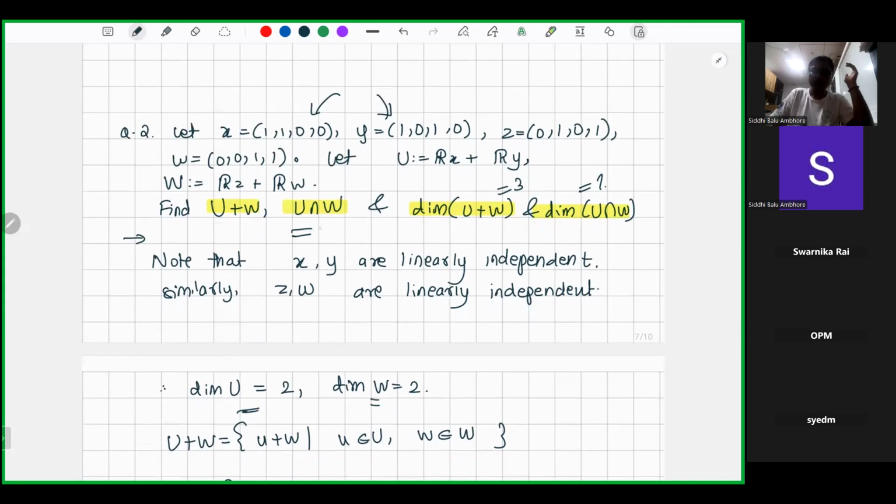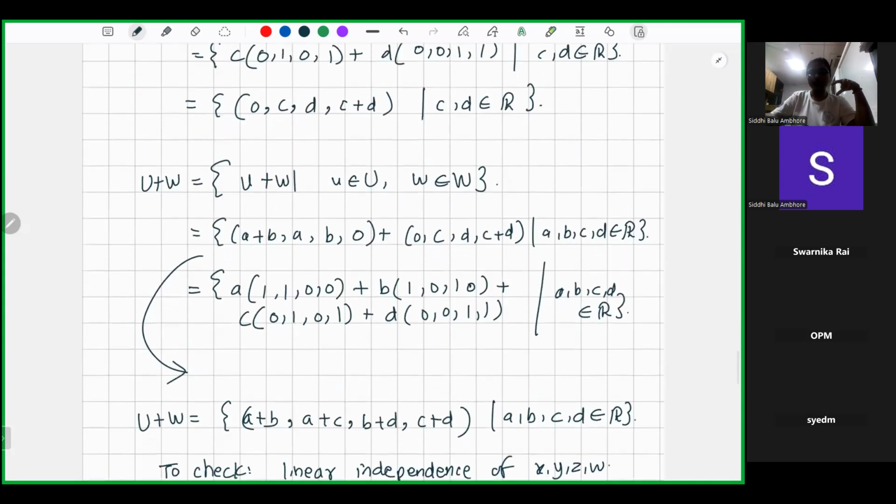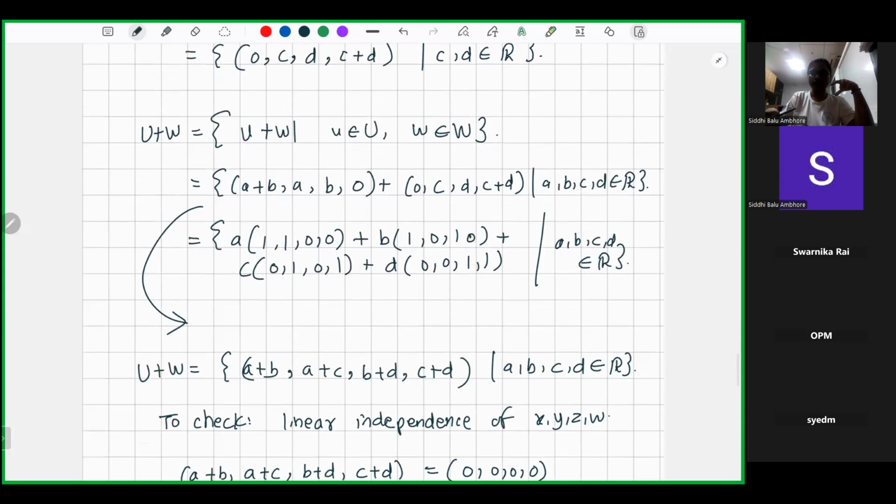But we are also asked to give an explicit expression of what U plus W is. We know that U plus W is the linear combination of these 4, and we know the dimension is 3. So if I can express one of these vectors as a linear combination of the other 3, then I'm done.